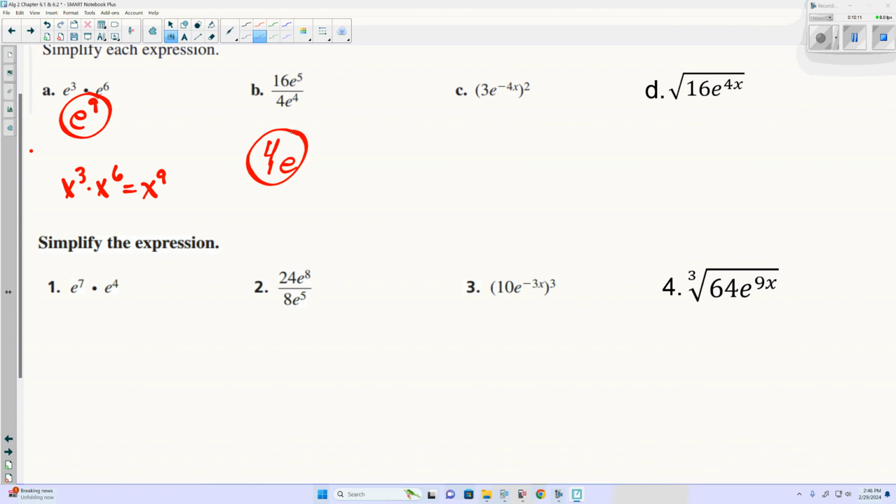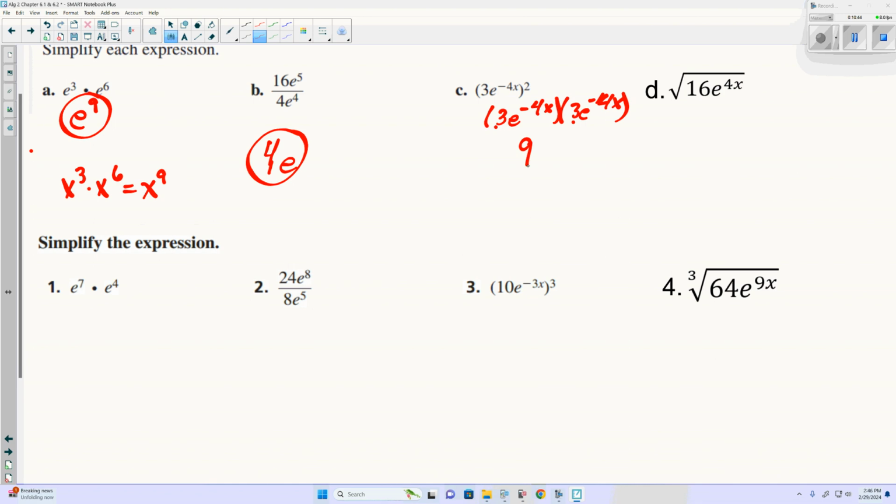C, 3e to the negative 4x, squared. There's two ways we can do this. One is if we just say what it is, it's multiplied by itself. Squared means that it's being multiplied by itself.